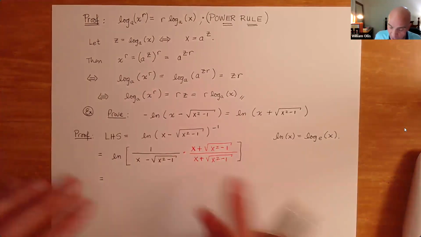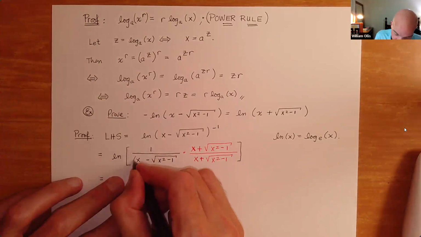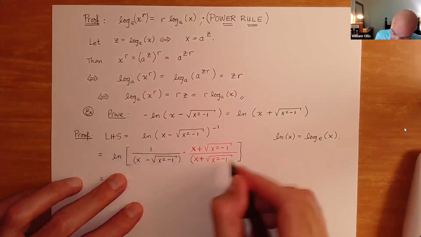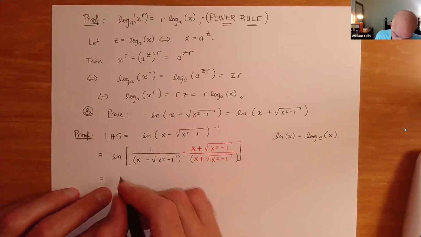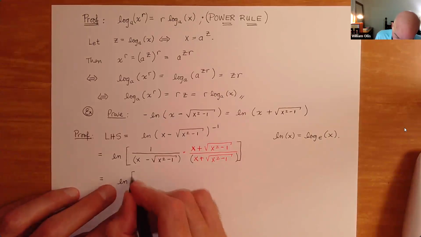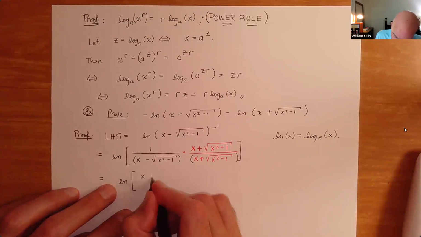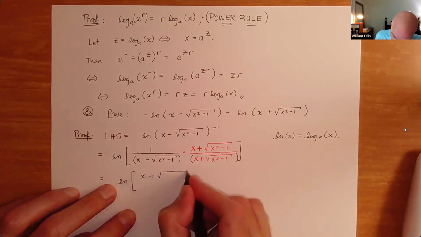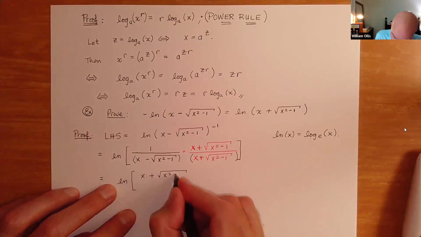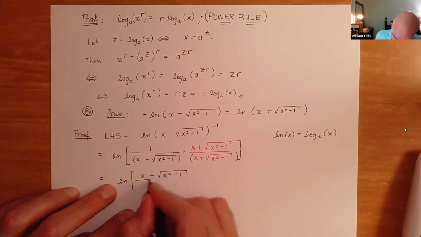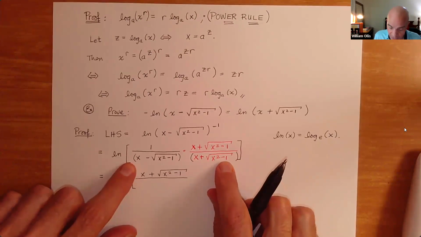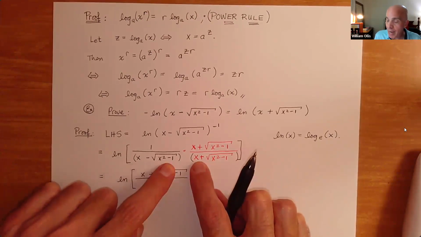Okay, so now very nicely, we have a difference of two squares that's factored, and that of course will collapse. So we have the natural log of x plus the square root of x squared minus 1. Now downstairs, notice the outer and the inner absorb. They are additive inverses.